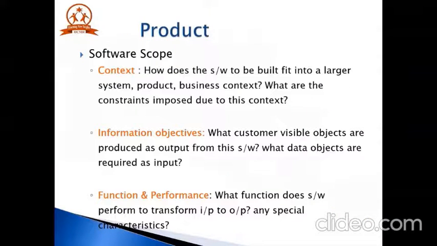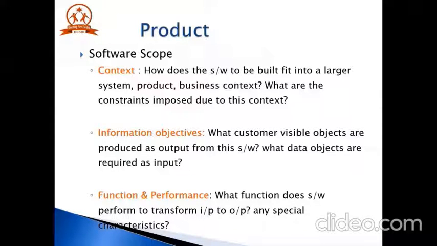From the scope of the project, we can establish the context. That is, how does the software to be built fit into a larger system, product or process business context? What are the constraints imposed due to this context?